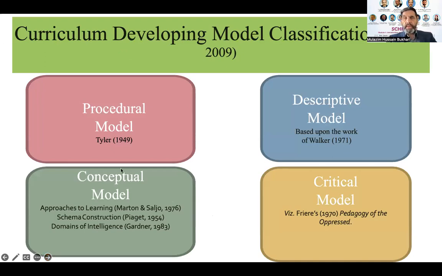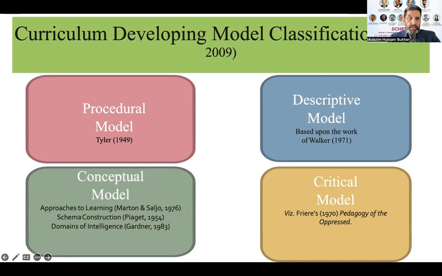This is another classification that was done in 2019, that there are 4 models: procedural, descriptive, conceptual, and critical models.